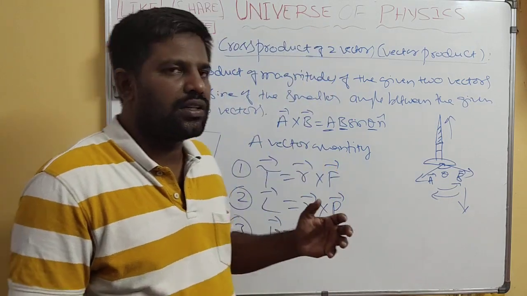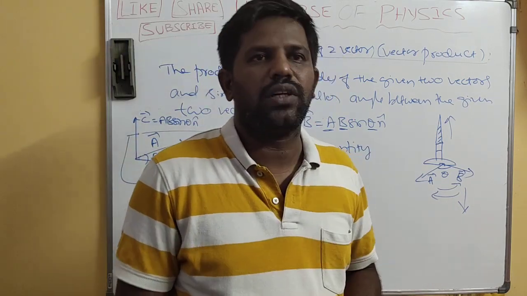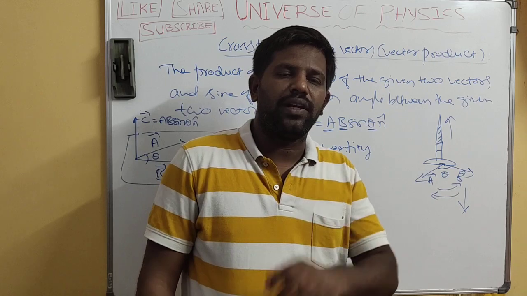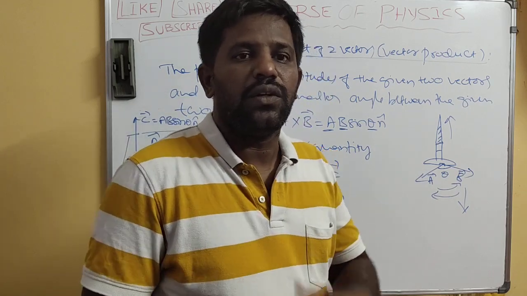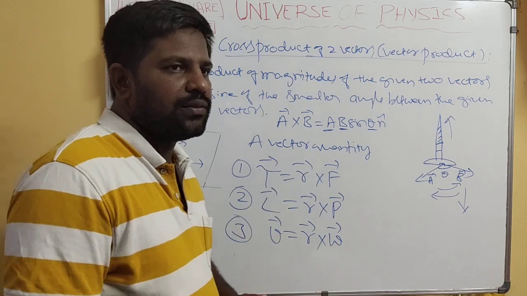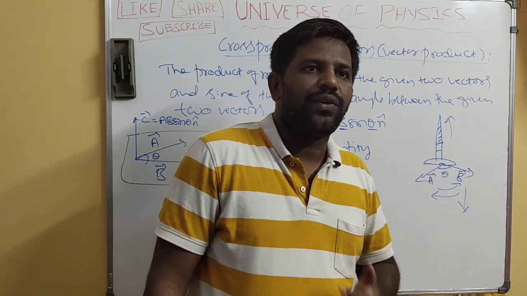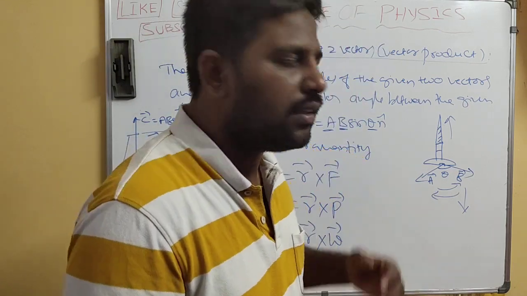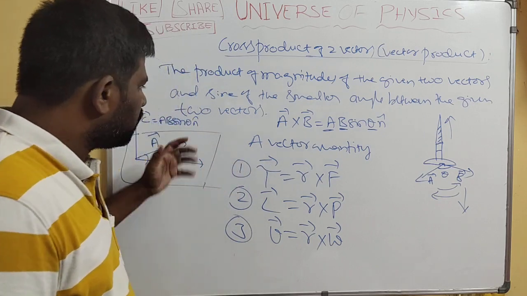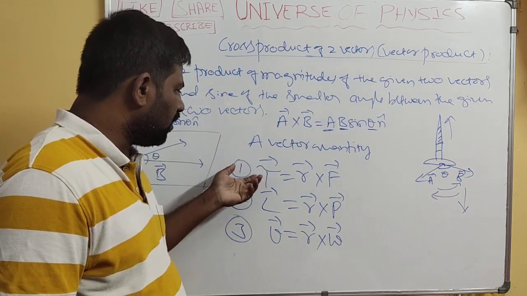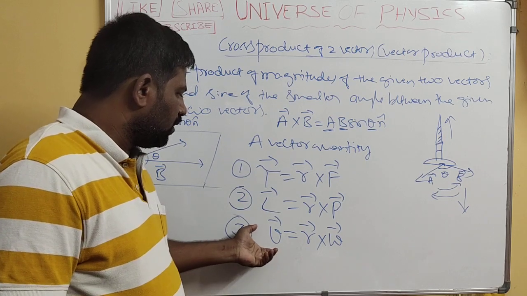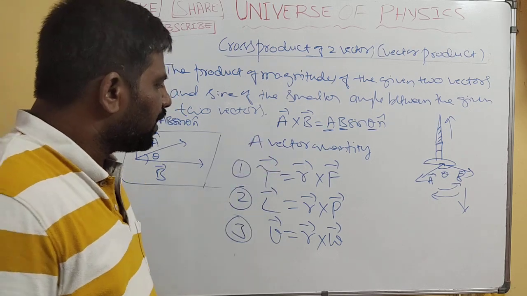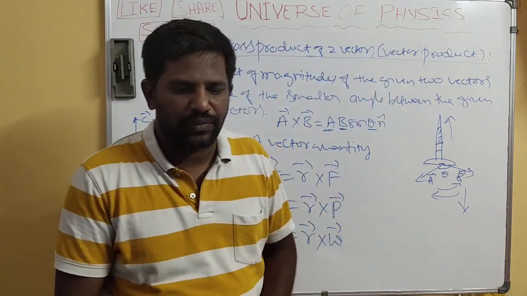Its direction is always perpendicular to the plane containing the given two vectors, and the direction of that new vector quantity we can analyze with the help of the right hand screw rule or right hand thumb rule. The examples for this cross product are torque, angular momentum, and the relation between linear velocity and angular velocity, that is v is equal to r omega. These are all examples for cross product of two vectors.